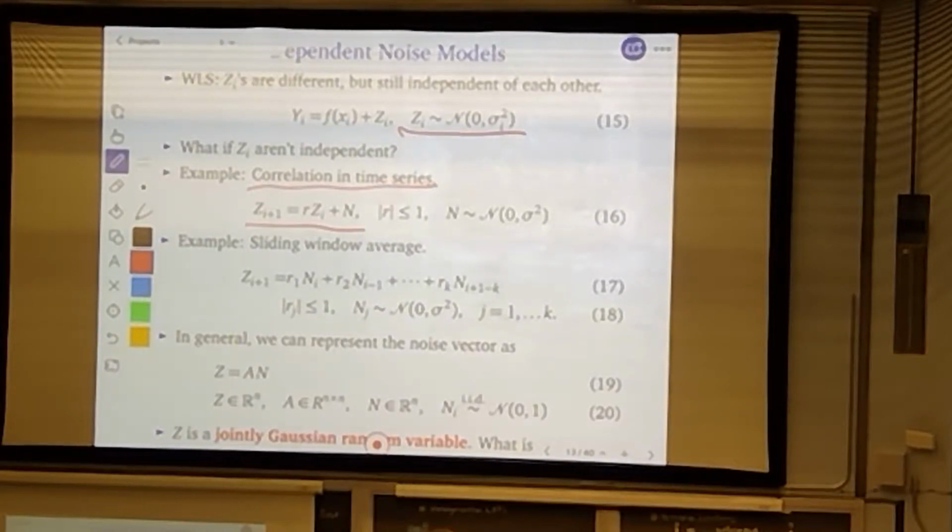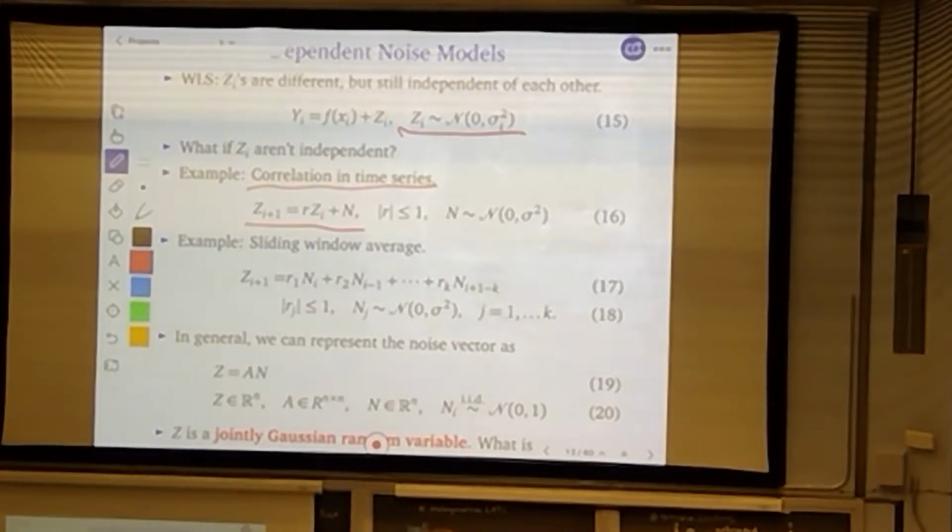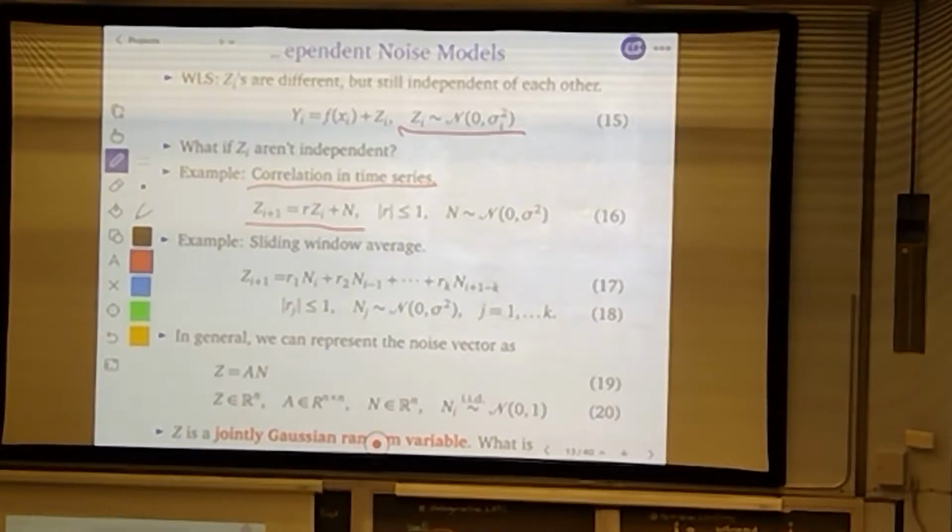It says, so the i can be interpreted as a time point, i plus 1. At the time i plus 1, that noise is not completely random according to this function. It is this, but it has this residual effect from the last noise. The last noise was Zi.